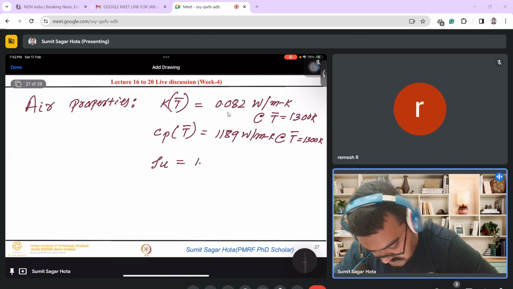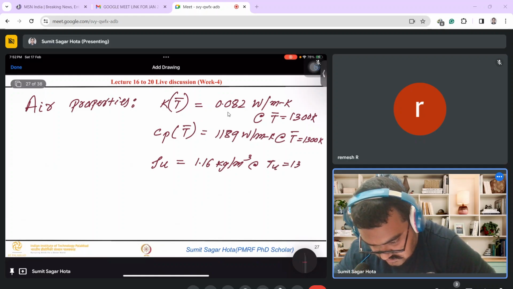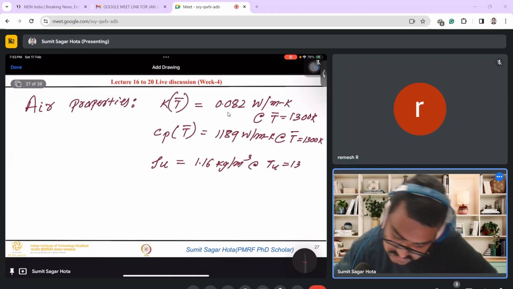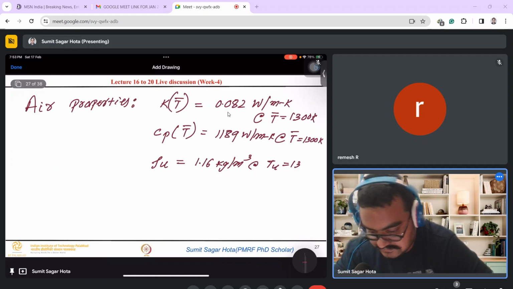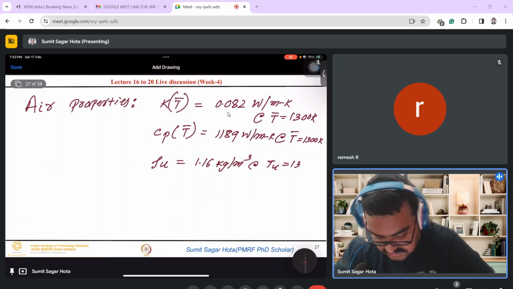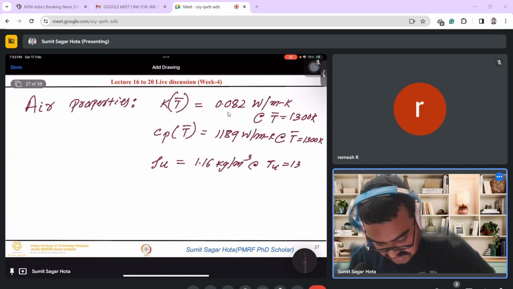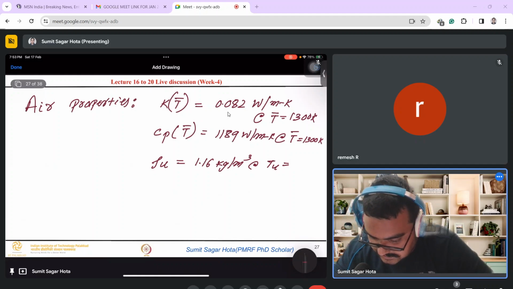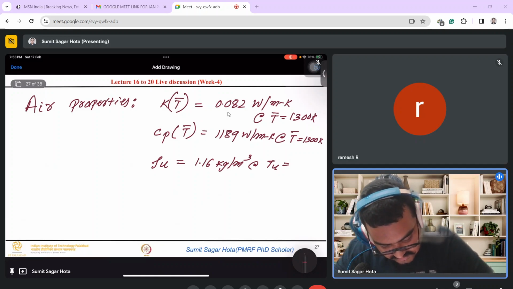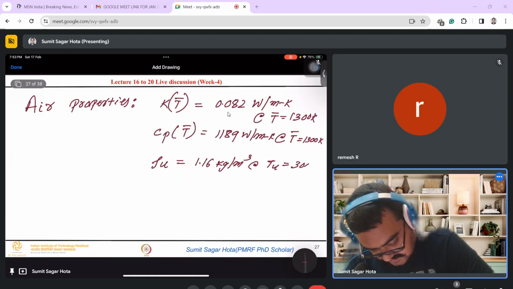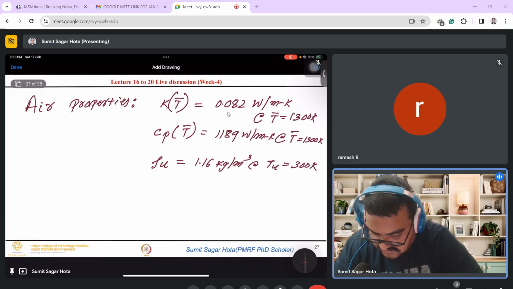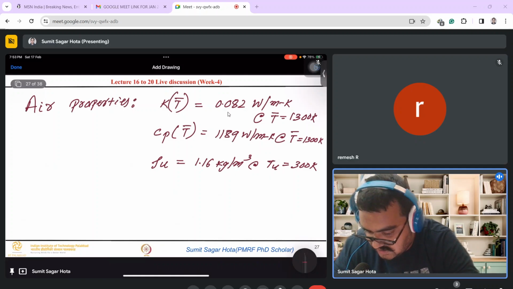Rho_u is 1.16 kg per meter cube. Always take the density at 300 Kelvin. Don't take it at T bar. Density is always the unburned density.